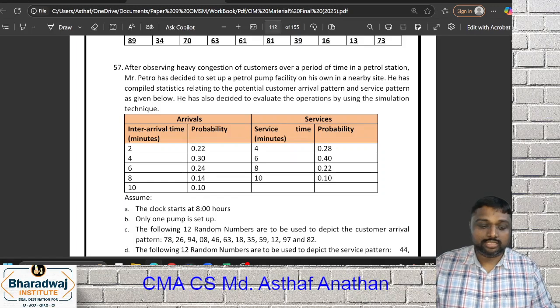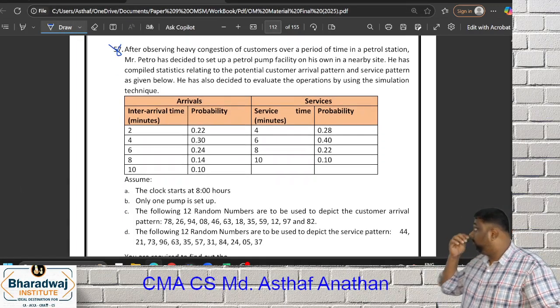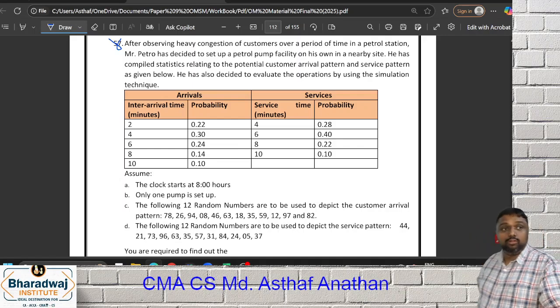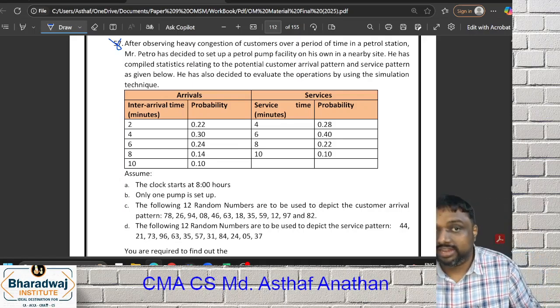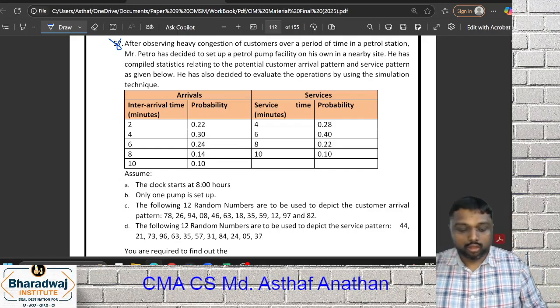In our simulation, this is also your ICMA material question. This is a superb question where you have to find out arrival, services, clock starting time. This is a very good question. Practicing this will help you boost your confidence. Correct, friends? This kind of good question you have to practice to boost your confidence.